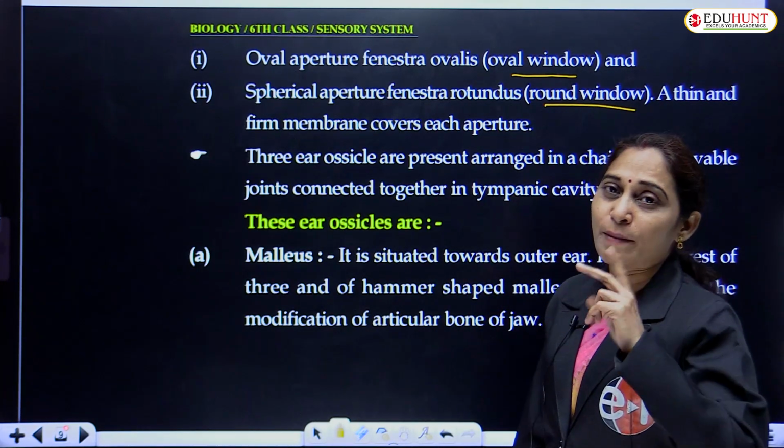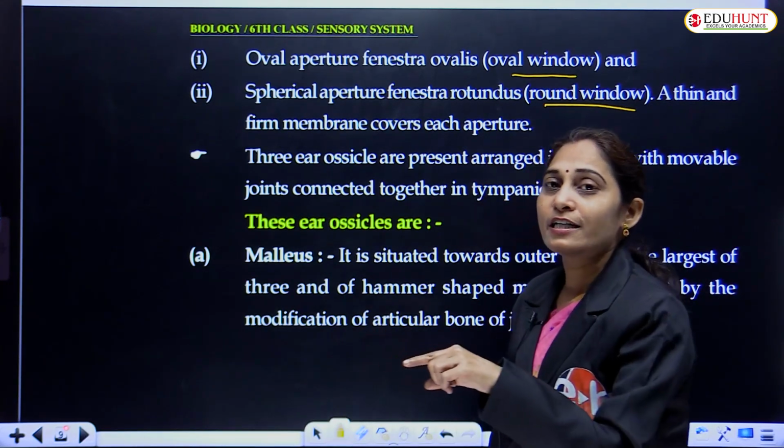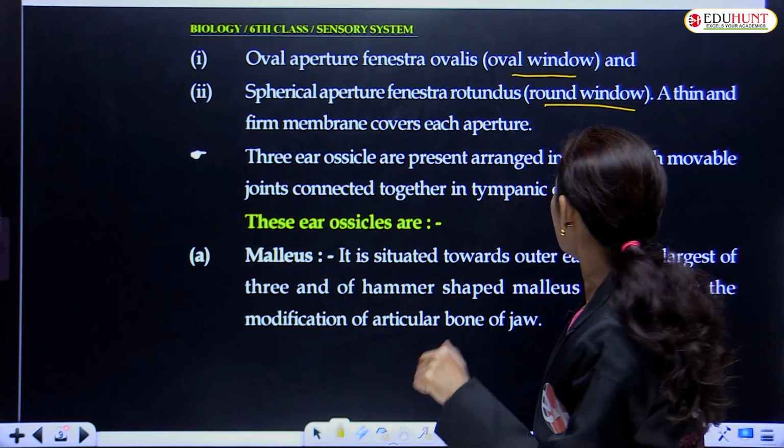These are the two apertures that are connected to the internal ear.